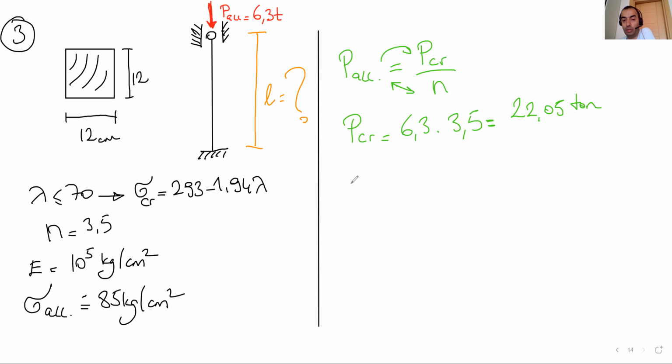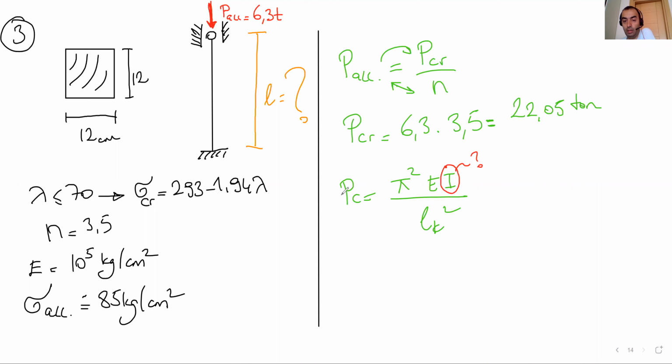By Euler's theory, P critical equals pi squared E I over L K squared. So what we need for this equation is this one.